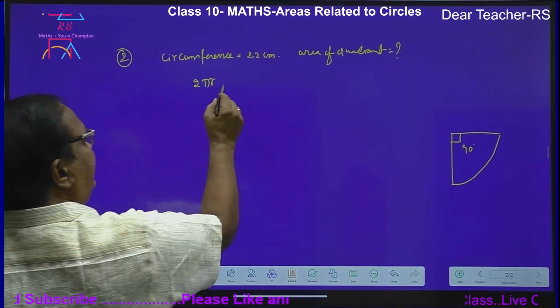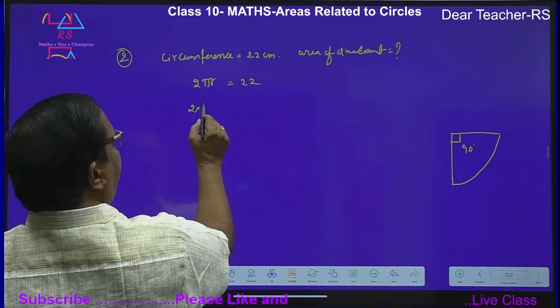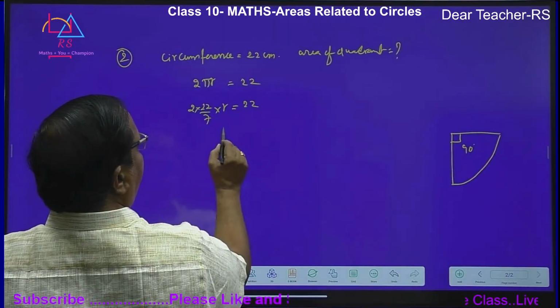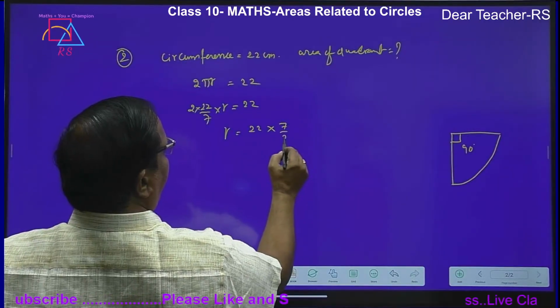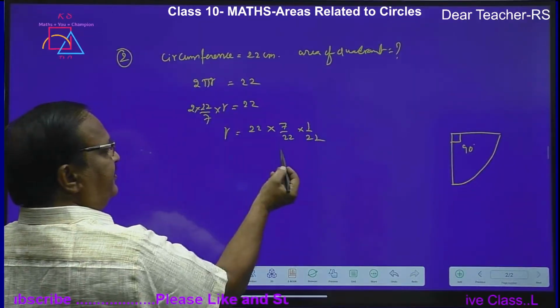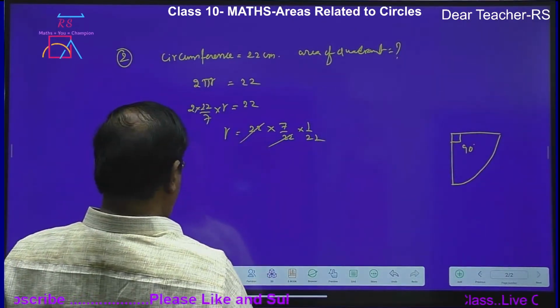Circumference of the circle is 22. So 2 into 22 by 7 into r is equal to 22, r is equal to 22 into 7 upon 22 into 1 upon 22. In this case I have written 22 upon 7, because these two are getting cancelled.